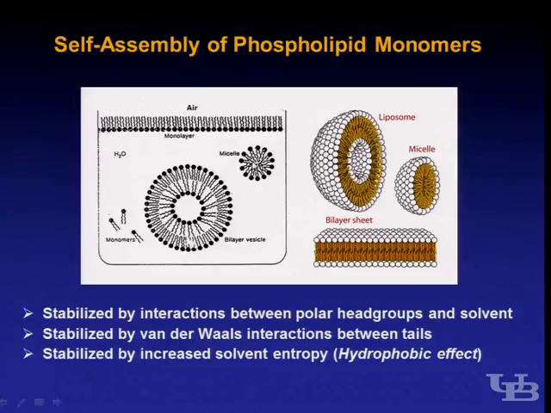So a second way that you could get this self-association would be to form a micelle like this. The micelle would be a sphere where all of the tails are projecting in and all of the polar head groups are on the periphery.